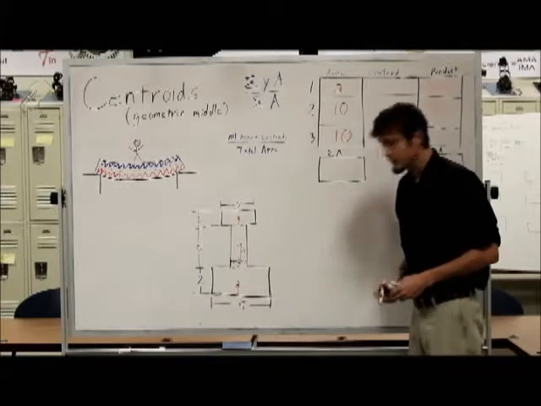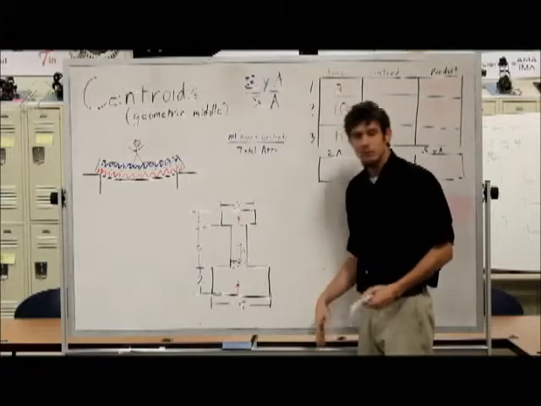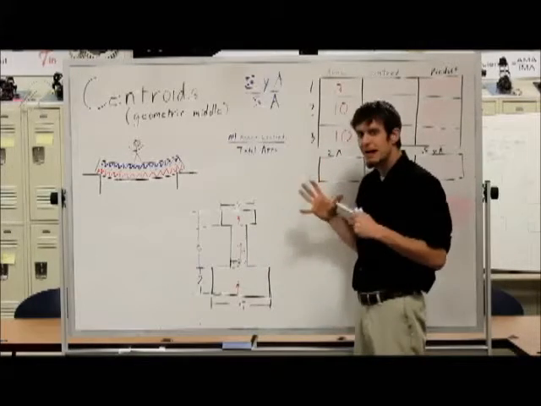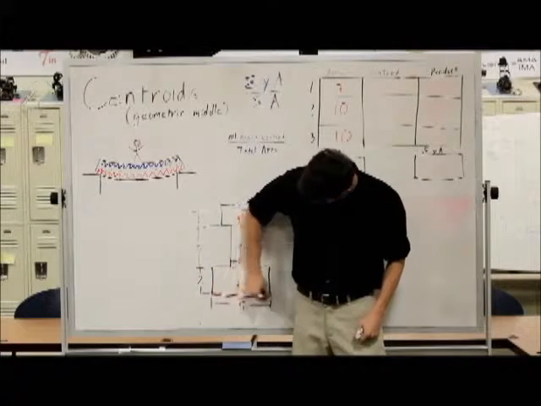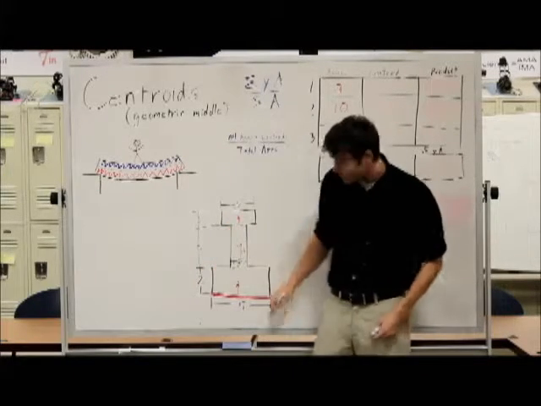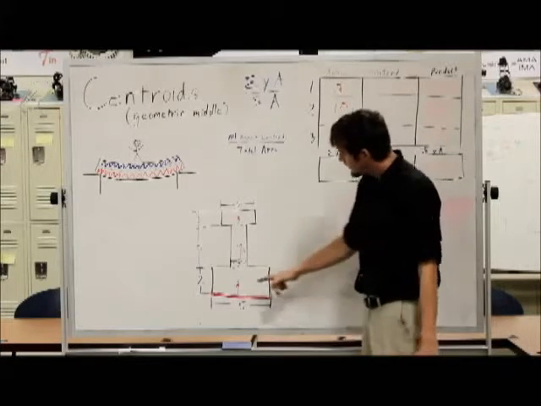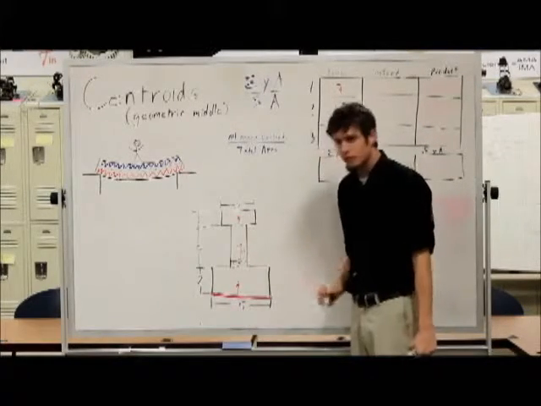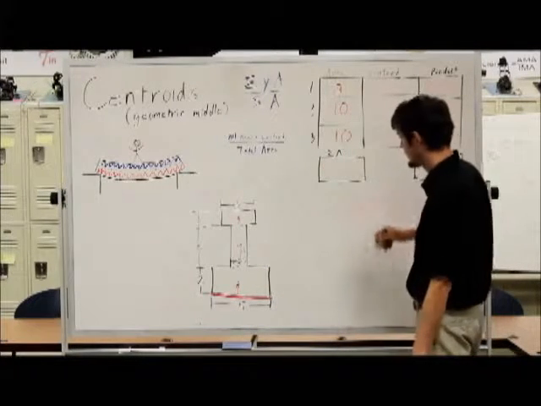Now, I've already marked where my centroids are, but they don't mean a hill of beans unless I relate them all to each other. So I find a spot to relate them all to. I'm going to make this reference plane right here at the bottom. I like using the bottom just because it's visually easier for me. I'm going to measure all my centroids from that spot. So I go up 1 inch for shape 3.